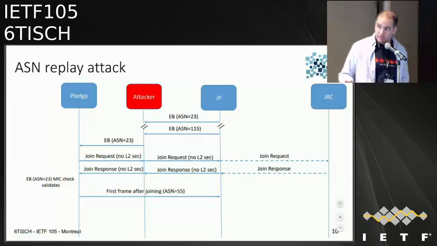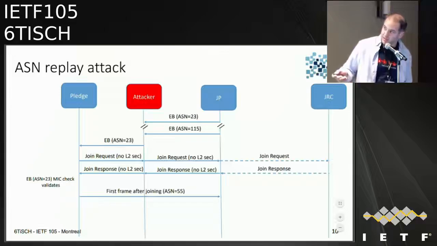This attack still works, because the enhanced beacon will validate, as it's a regular enhanced beacon from the network, but it will be a replay, so the ASN will be lower than the one currently going on in the legitimate part of the network over on this side.